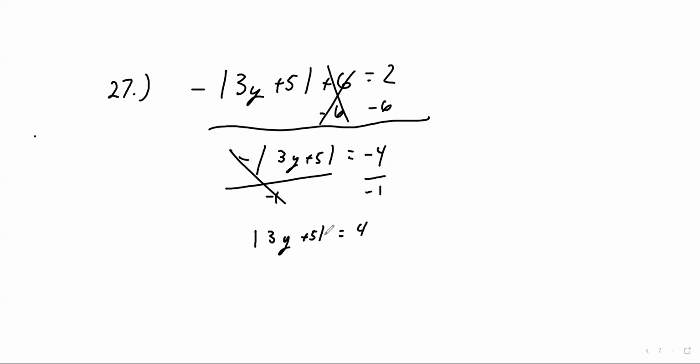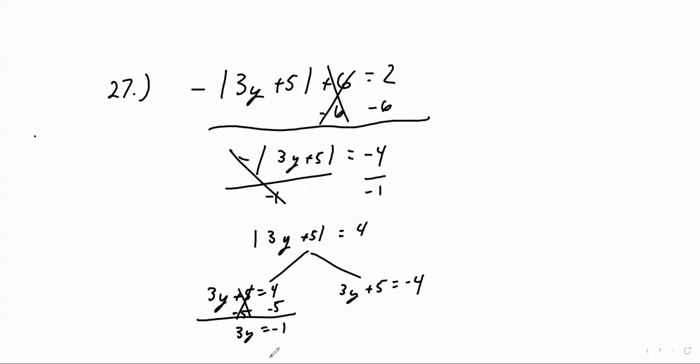All right, so again, now I'm ready to split this up into two separate equations. So 3y plus 5 equals 4, and 3y plus 5 equals -4. Because again, this answer can either equal 4 or -4 because both numbers are 4 numbers from 0. After that, we just work it out. So subtract 5. So I get 3y equals -1.